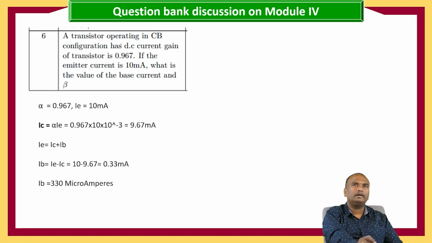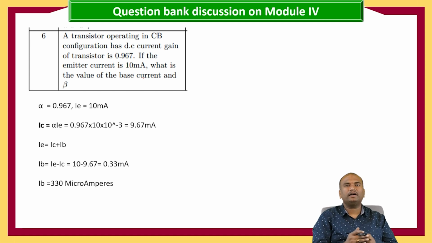Now the next problem. A transistor is operating in common base configuration, and the DC current gain of the transistor is 0.967. If the emitter current is 10 milliamperes, what is the value of base current and beta?